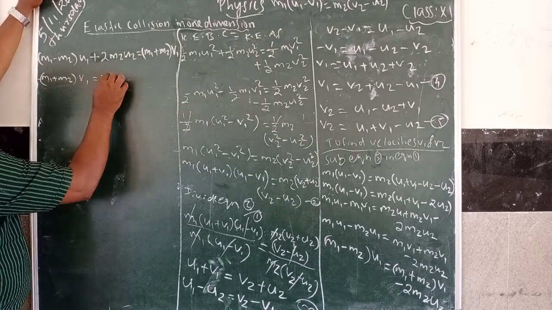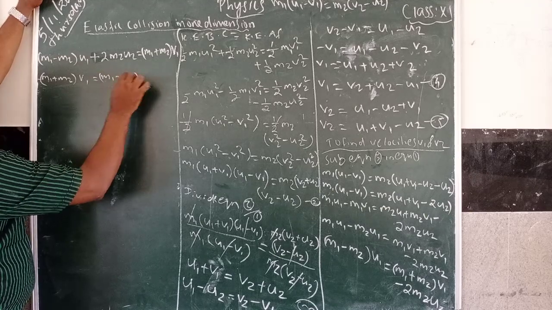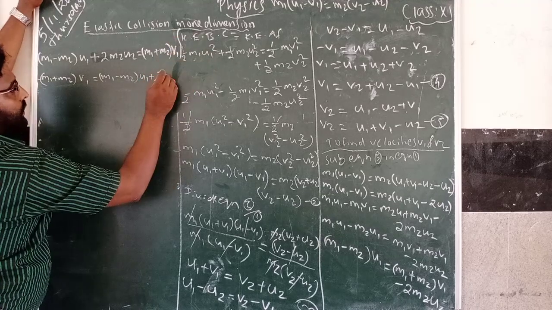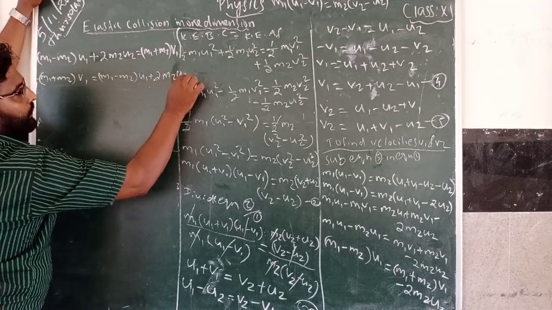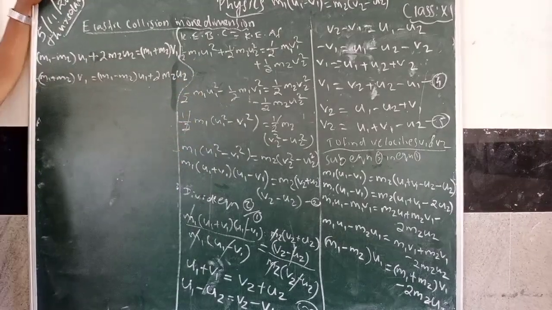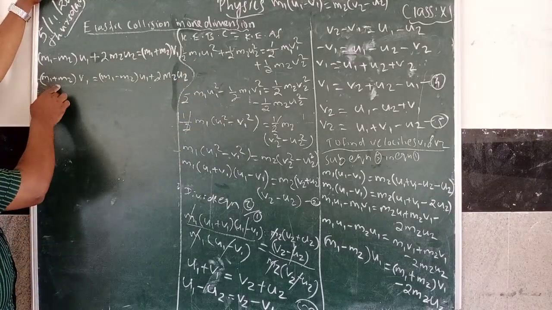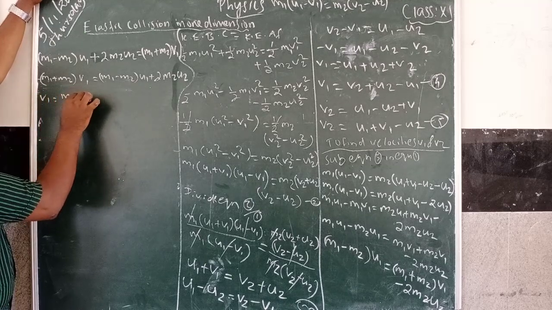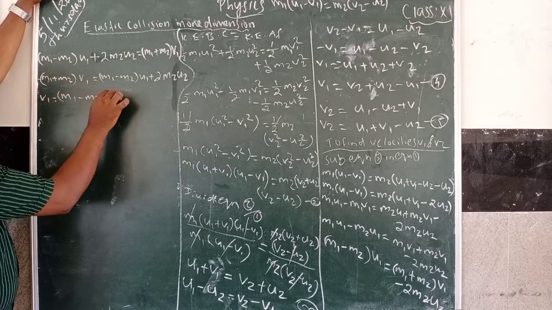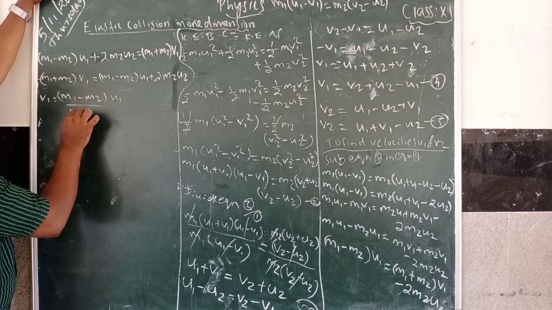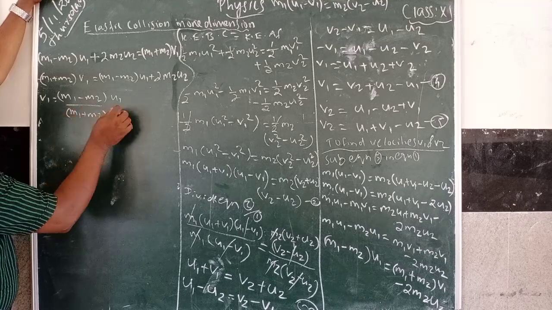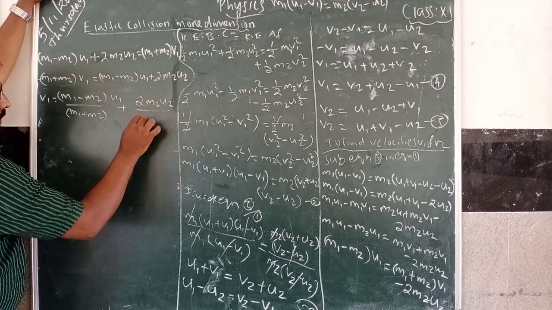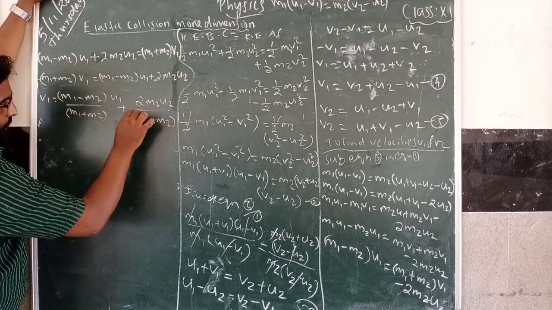equal to (m1 minus m2) into u1 plus 2 m2 u2. Now this you take down here, so v1 is equal to (m1 minus m2) u1 divided by (m1 plus m2), as well as plus 2 m2 u2 divided by (m1 plus m2).